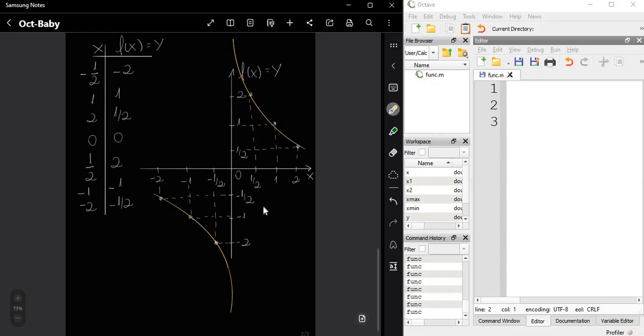Because on this y-axis the function diverges, so it is never ending.